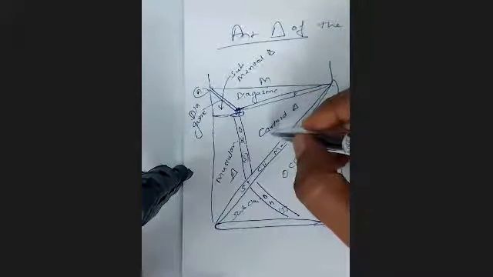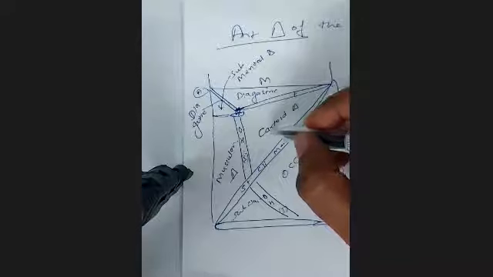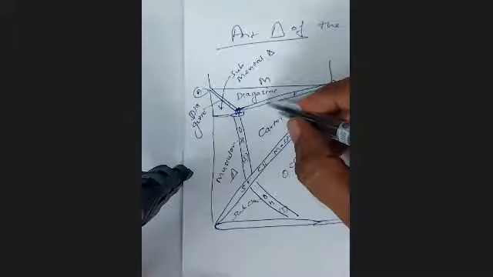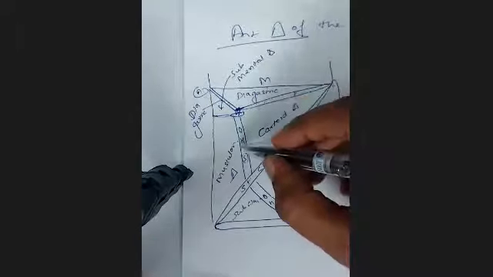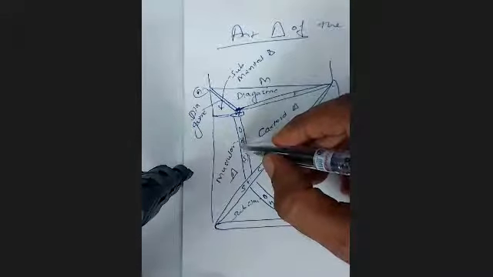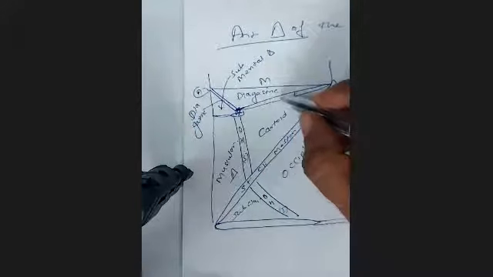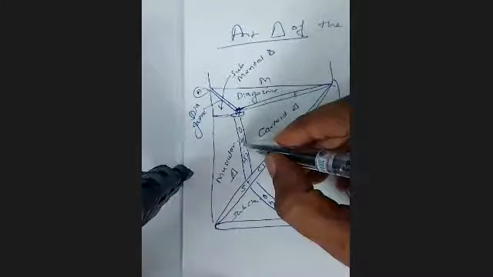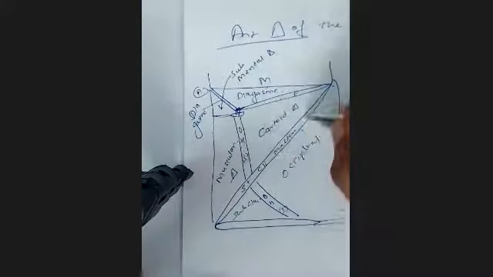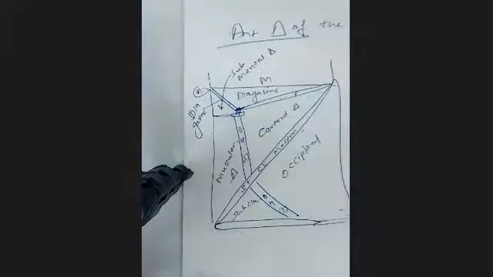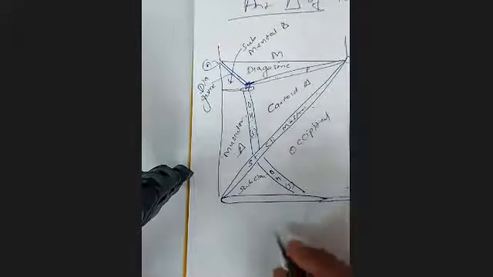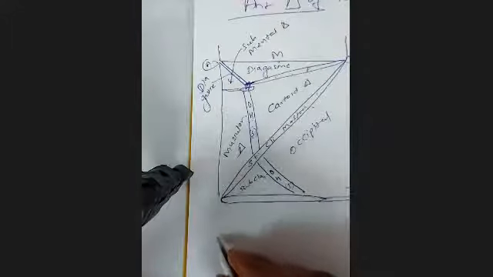While if I want to write the boundaries of the carotid triangle, I would say antero-superiorly is posterior belly of digastric, antero-inferiorly is superior belly of omohyoid, and posteriorly is the anterior border of sternocleidomastoid.